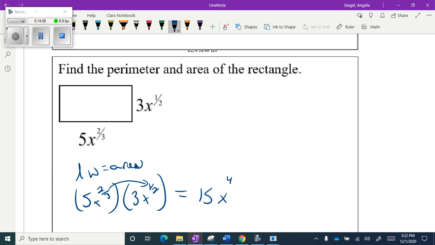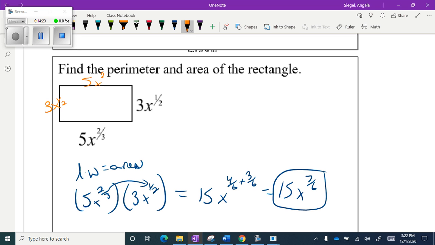So 4/6 plus 3/6. So 15x to the 7/6 power. So that's my area. And then the perimeter, remember, you just add everything around.